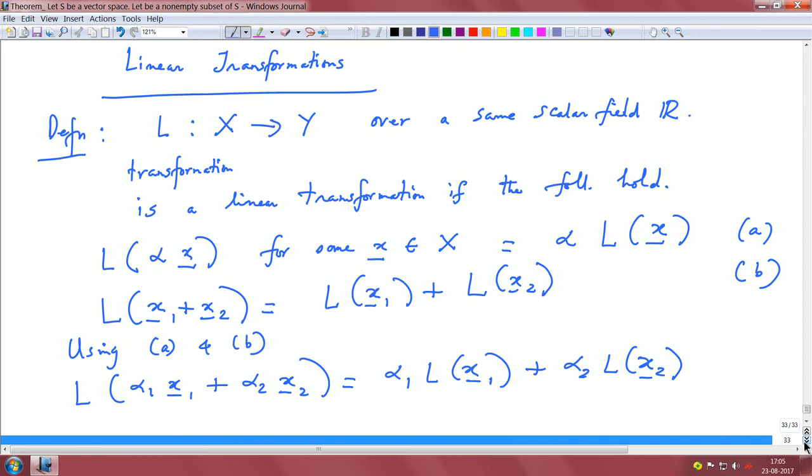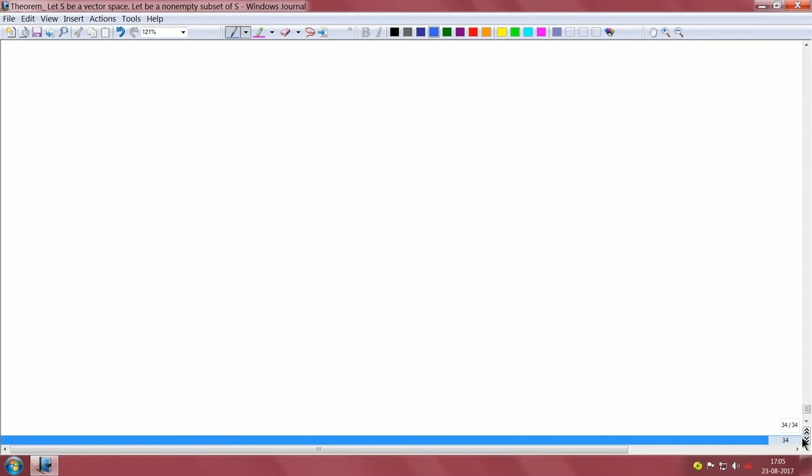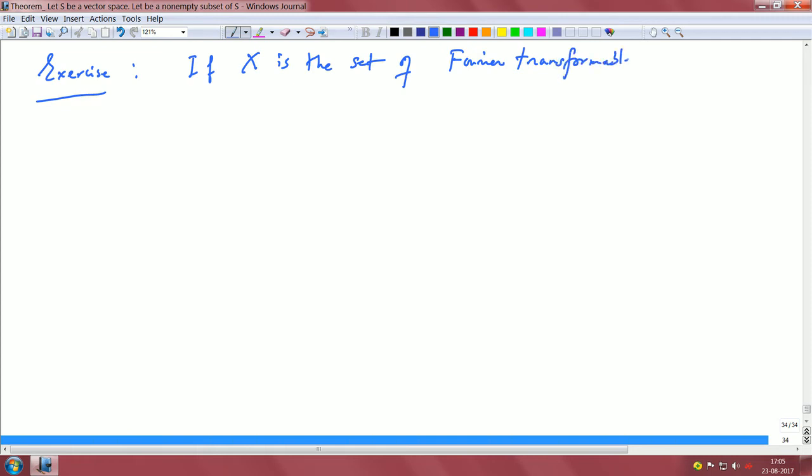Now keeping this in mind, if X is the set of Fourier transformable functions, not all functions can have a Fourier transform.